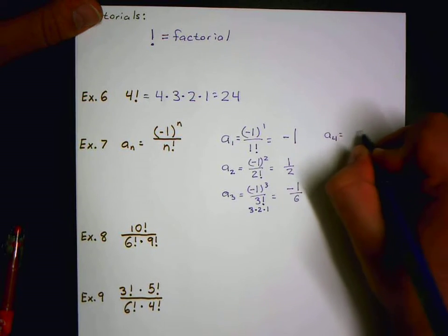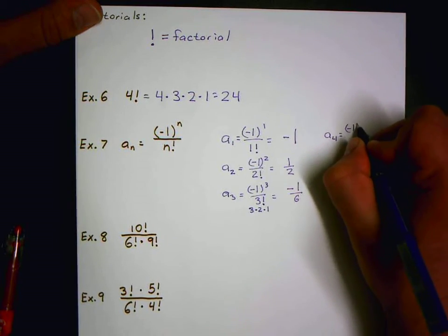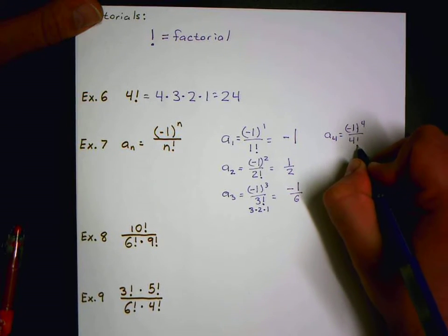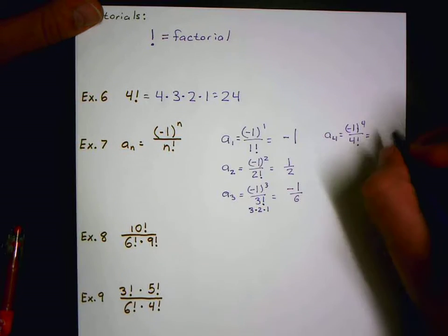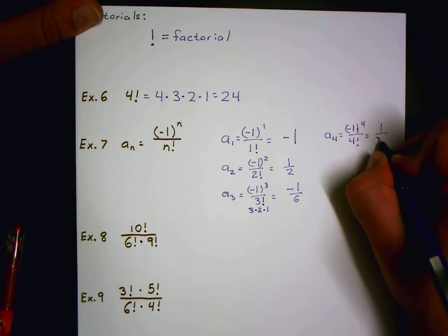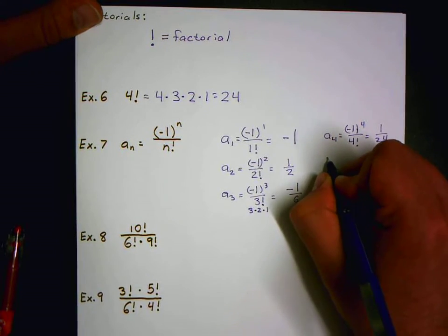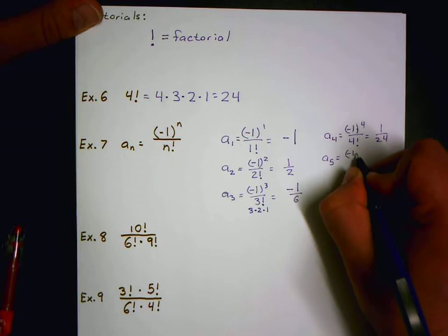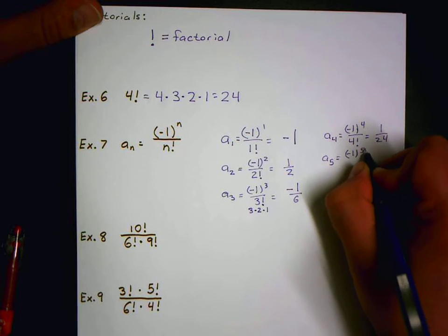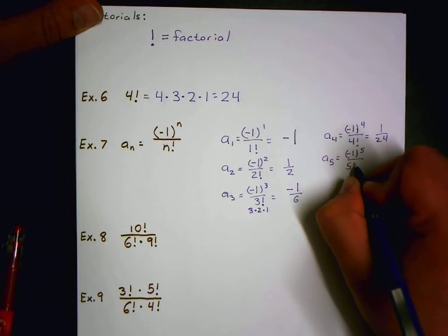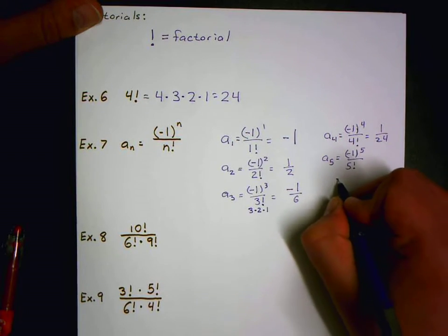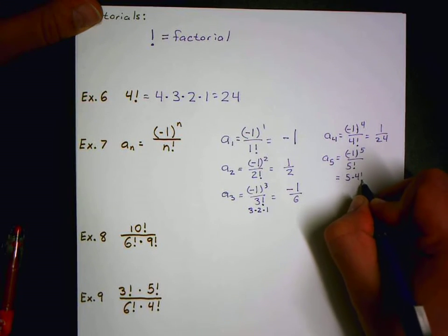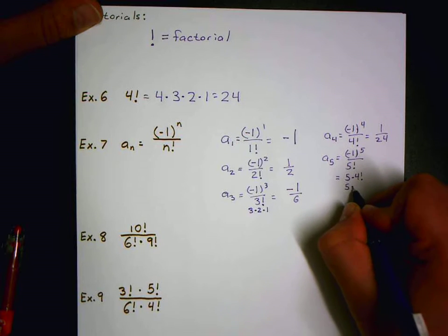A sub 4 would be negative 1 to the 4th power over 4 factorial, which we just calculated to be 24. So it'd be 1/24. A sub 5 would be negative 1 to the 5th over 5 factorial, which is 5 times 4 factorial, which is 5 times 24.